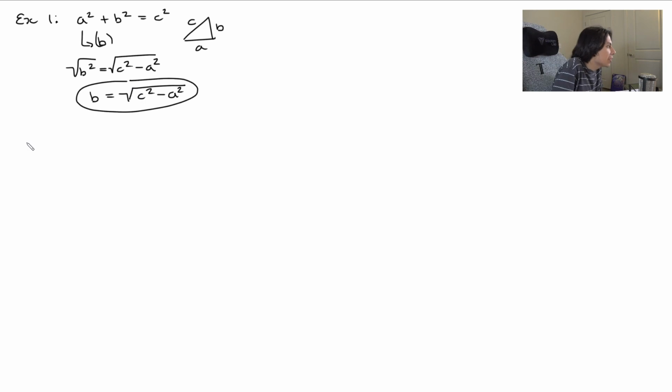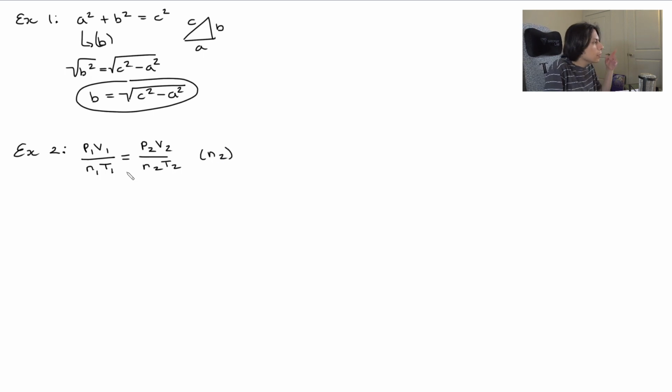Now we'll move to another one, which is really cool. It's the combination of the gas laws, where P is the pressure, V is the volume, N is the number of moles, T is the temperature. Now we're being asked to, let's say, solve for N2. Let's first start by multiplying both sides by N2 T2 in order to make it part of the numerator, which makes it easier to isolate.